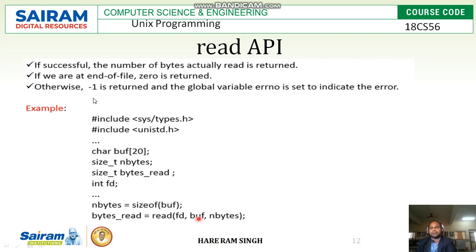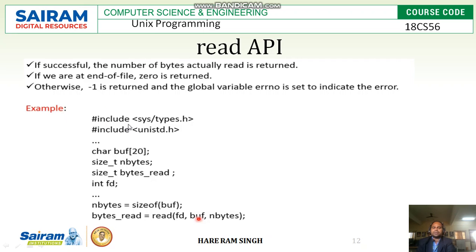If nothing is there in the file, then 0 will be returned. Otherwise -1 is returned, and the global variable errno is set to indicate the error. So if the file is not read and the Read API is not executed, then it will return the value -1.